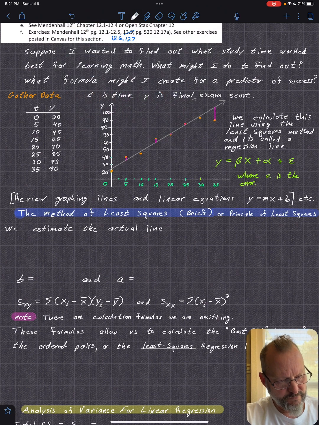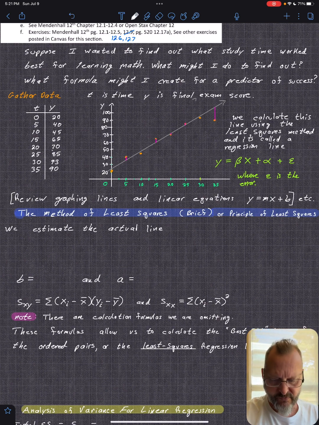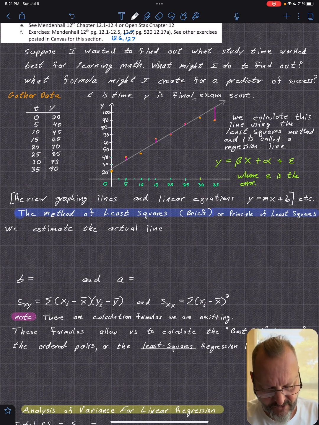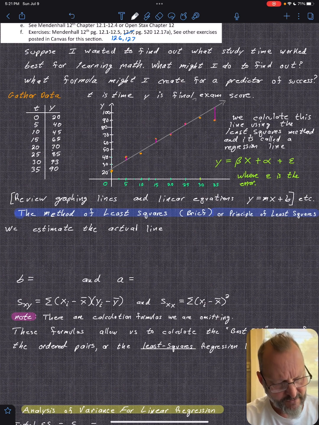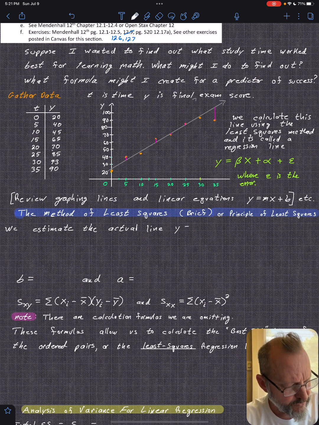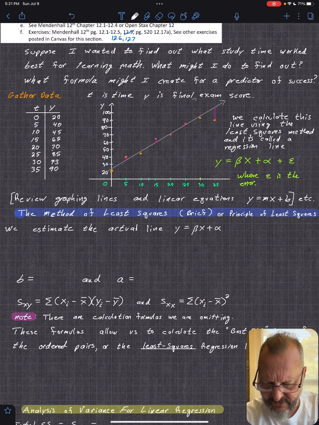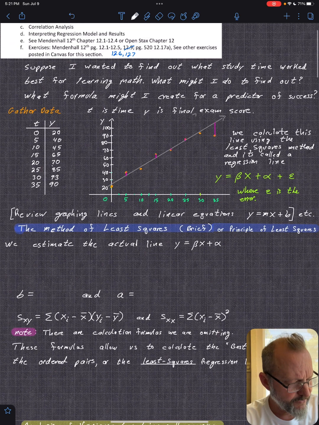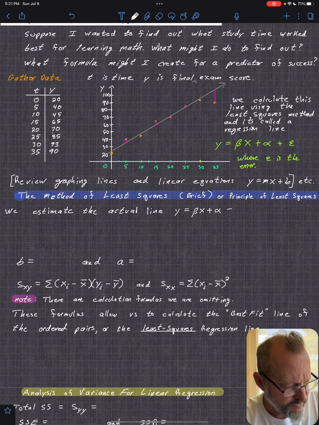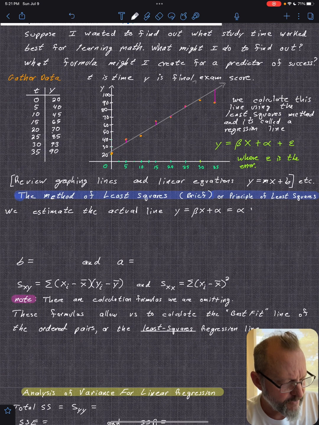So, method of least squares, or principle of least squares, we do these calculations. Let me make sure I have everything written. Okay, so we estimate the actual line, which is y equals beta x plus alpha. Oh, they like to flip that around. These statisticians write that as alpha plus beta x.